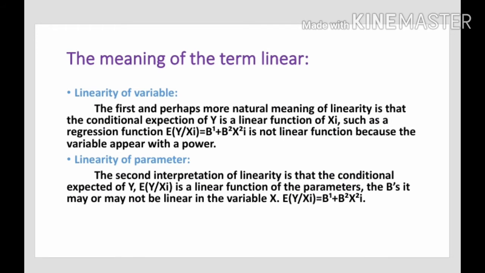Linearity in the variable: the first and perhaps more natural meaning of linearity is that the conditional expectation of Y is a linear function of X. Such as the regression function E(Y|Xi) = beta 1 + beta 2 Xi square is not a linear function because the variable X appears with a power.